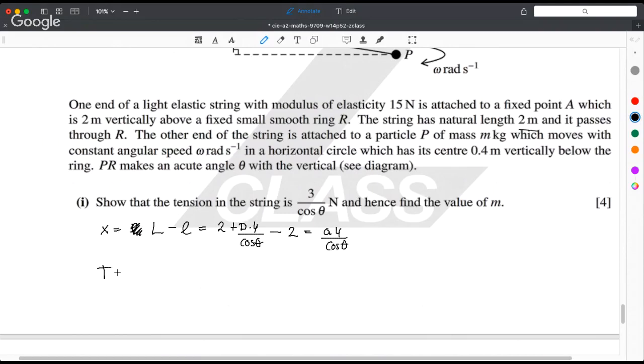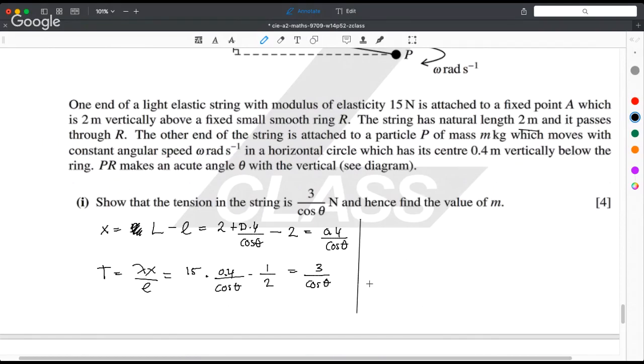Therefore the tension, which is lambda x over L, is lambda, which is 15, the modulus of elasticity, times 0.4 over cosine of theta divided by L. And this is equal to 3 over cosine of theta.